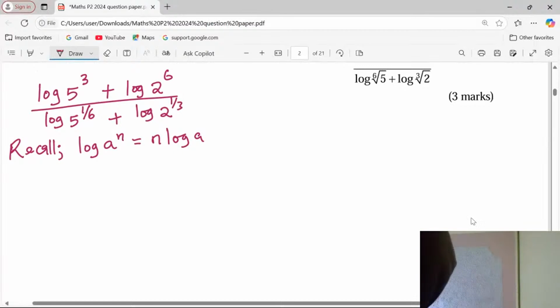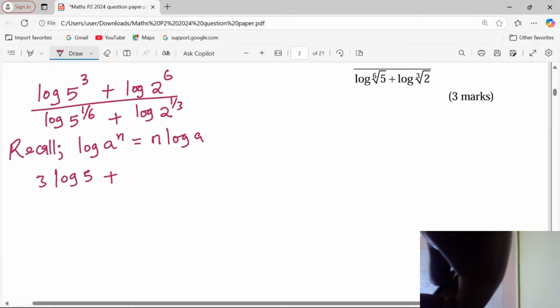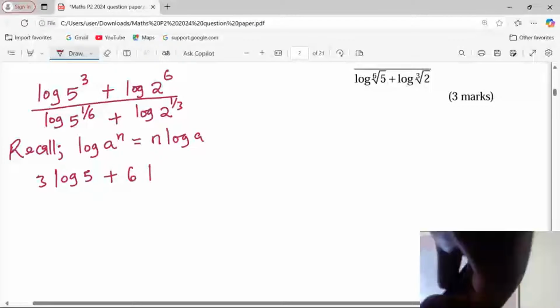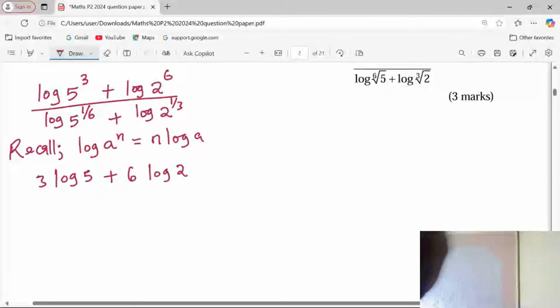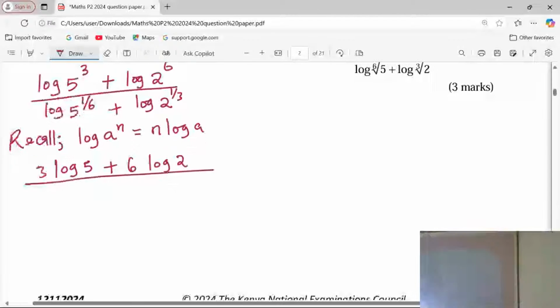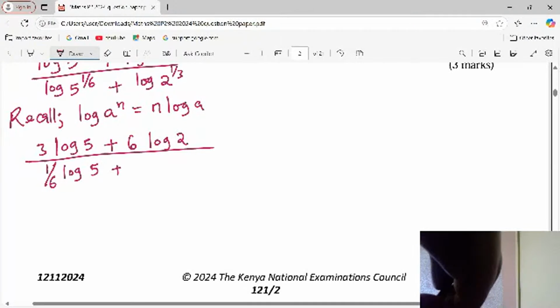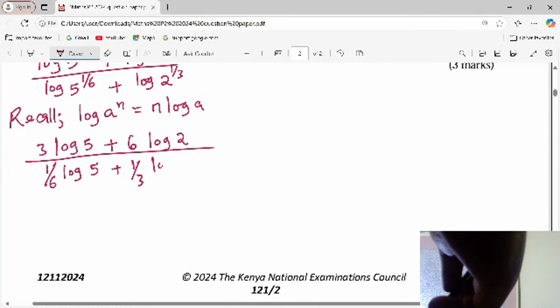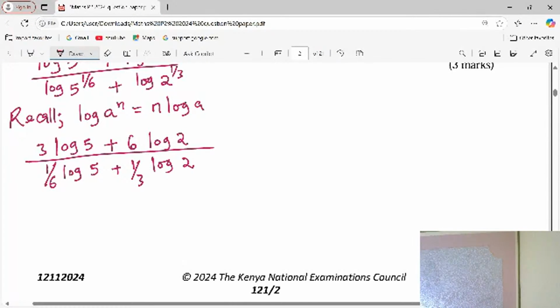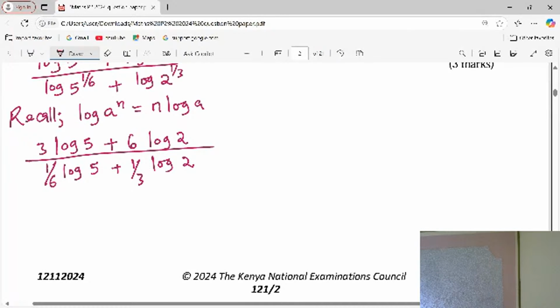So this will be 3 log 5 plus 6 log 2, divided by a sixth, a third, the logarithm of 2.